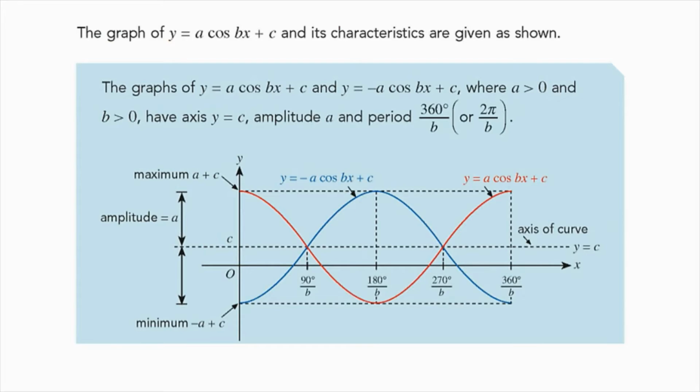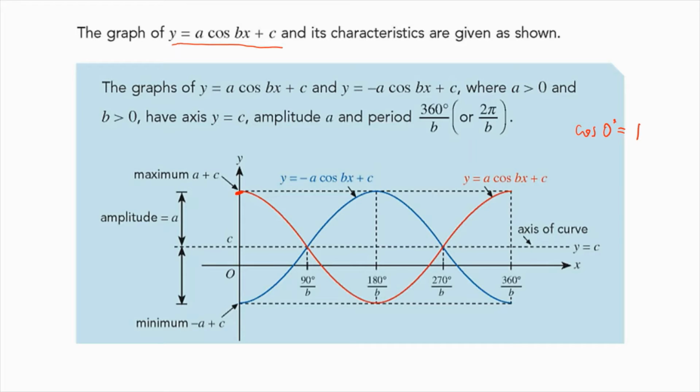Next, the graph of y equals a cosine bx plus c. This is the cosine graph. As we all know, cosine of 0 is 1, that's why it doesn't start from 0, it starts from here on top.